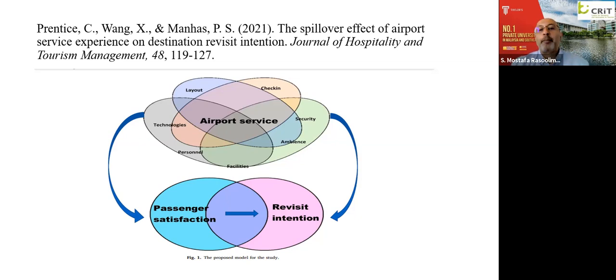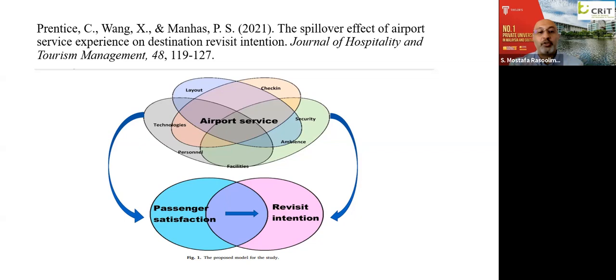But if we apply fsQCA, we can identify different combinations of these factors. For example, one combination can be layout, checking, security. If layout, checking, and security happen together, the passenger will be satisfied and there will be a high level of revisit intention.